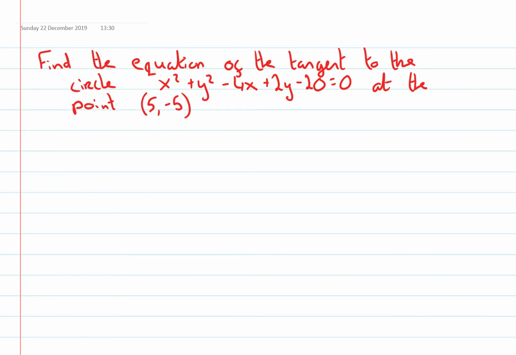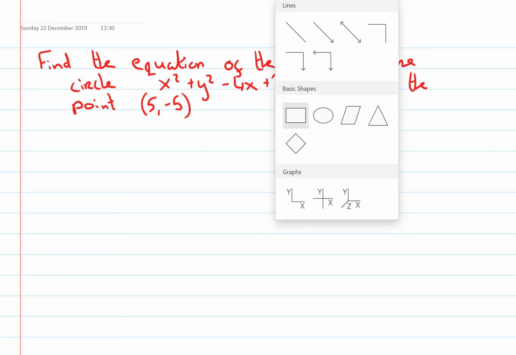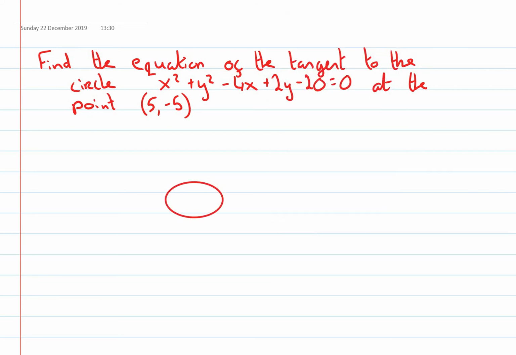Okay, next question. Find the equation of the tangent to the circle x squared plus y squared minus 4x plus 2y minus 20 equals 0 at the point (5, -5). Right, quick sketch. Once you sketch something, it makes it more visual, and you can make a bit more sense of it.